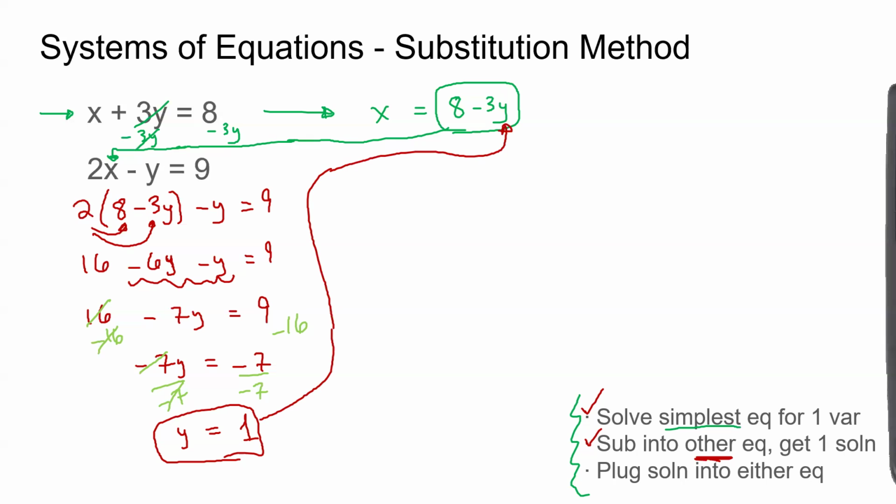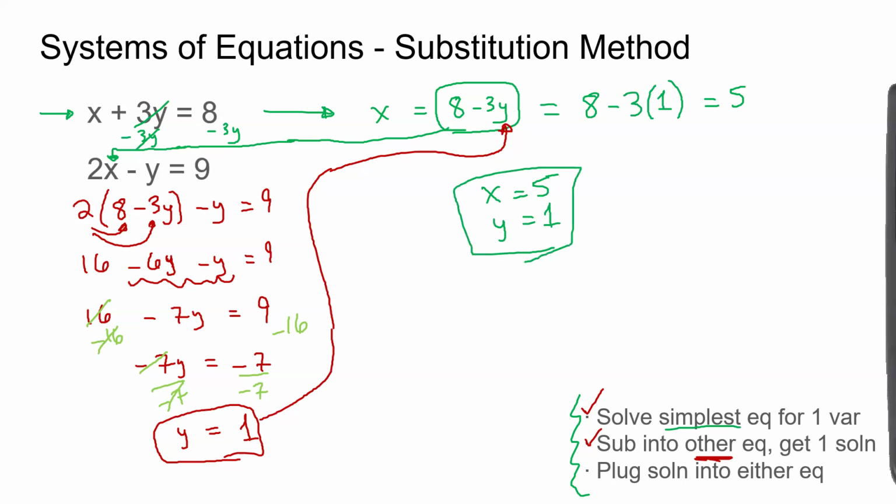And so when I want x, all I have to do is say 8 minus 3 times y, but now we just figured out that y is equal to 1. 8 minus 3 times 1, that'd be 8 minus 3 is equal to 5. So we just got the same thing that we did the other way. X equals 5, y equals 1. You could write that as an ordered pair if you wanted to. X, Y, whatever, right there.